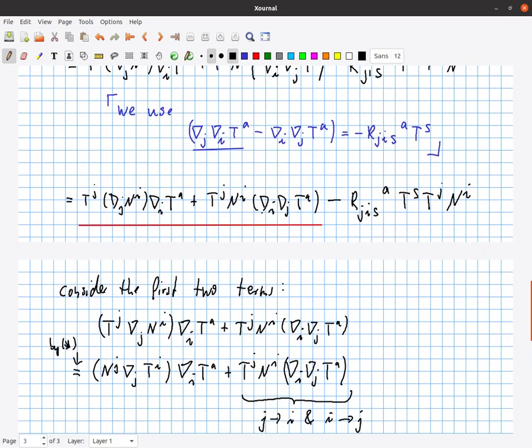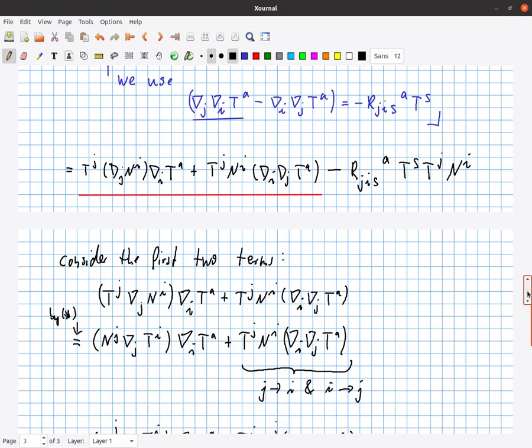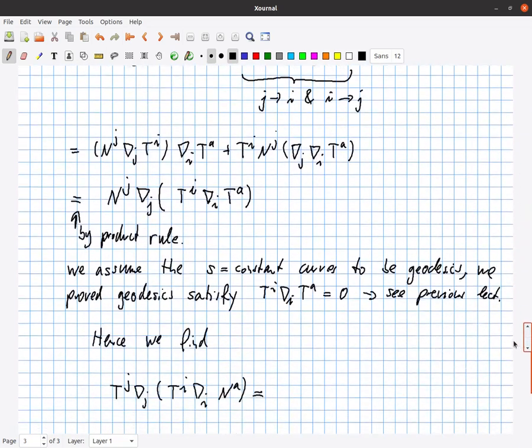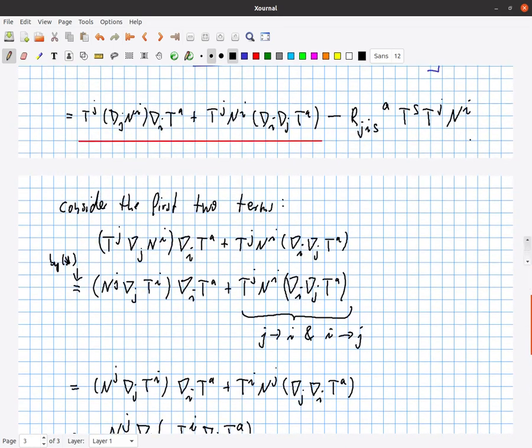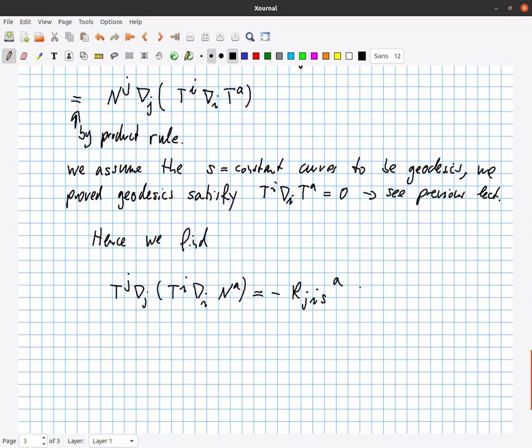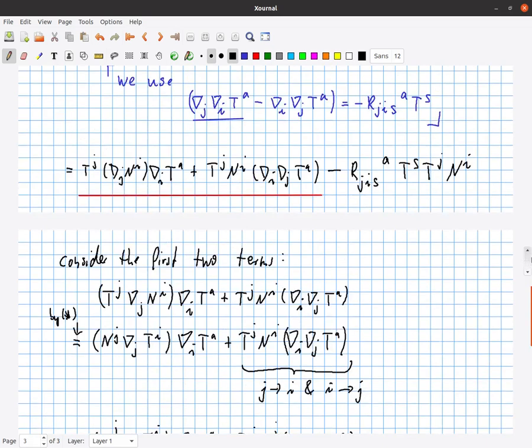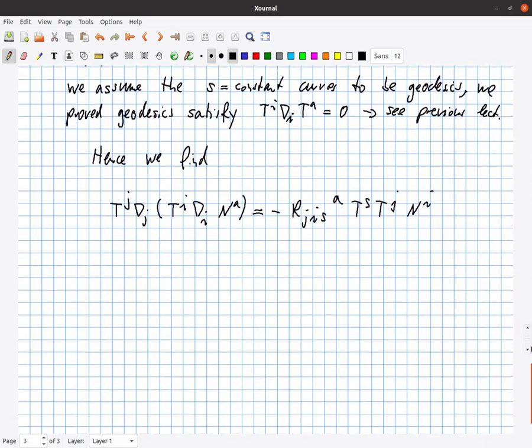Because the first terms taken together vanish, we are left only with the third term. Minus R^a_{jis}, and we contract with t^s t^j n^i. That's correct.